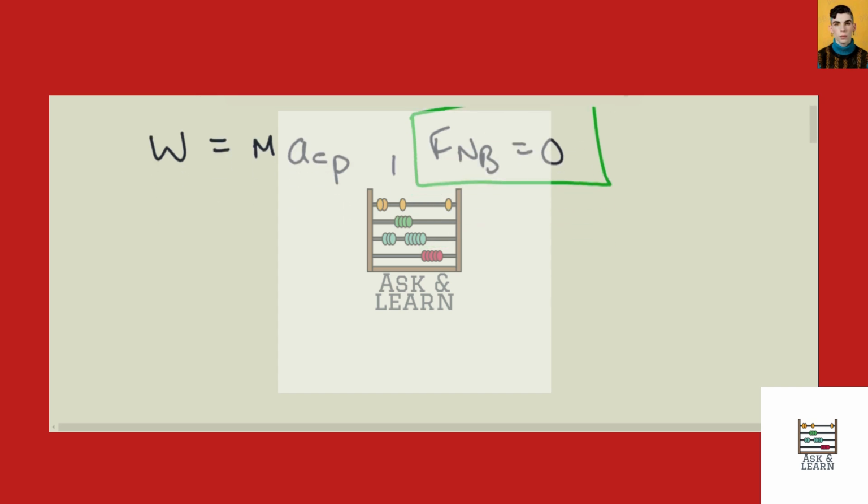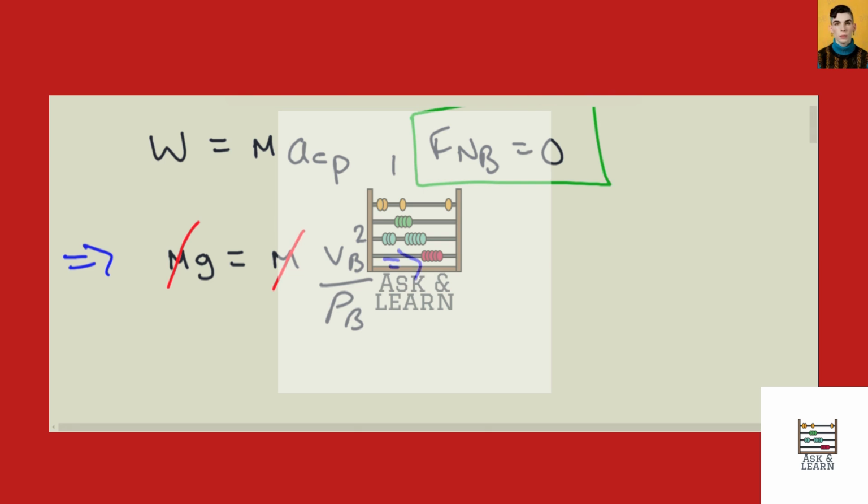So if we expand this, we have the weight, mass times gravity, equals the mass times centripetal acceleration, which is v squared, and this is the velocity at B, divided by the radius of curvature at B. We see that the masses cancel.